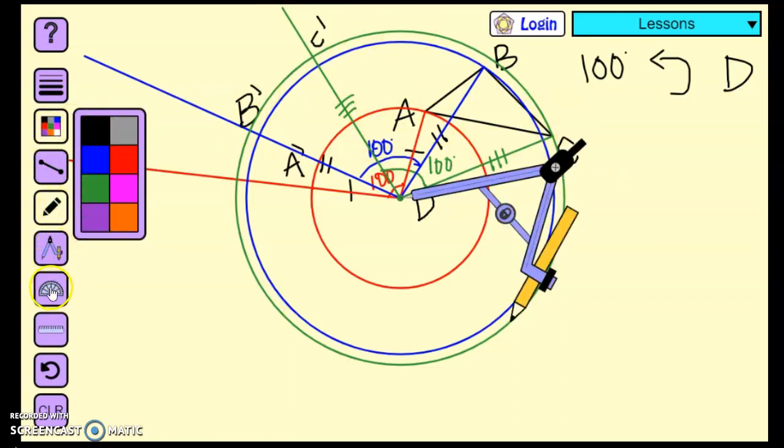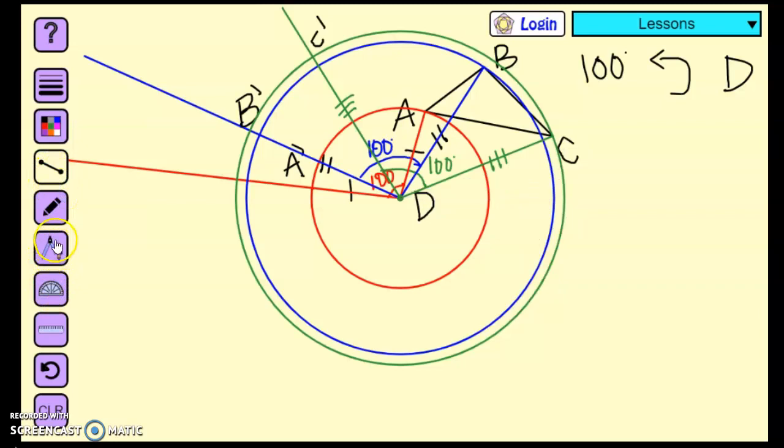So let me connect the dots here and make my rotated triangle. Okay, so I'm going to go from A prime to B prime to C prime. Connect all those up. And this black triangle, A prime, B prime, C prime, is the rotation of triangle ABC 100 degrees counterclockwise around point D.